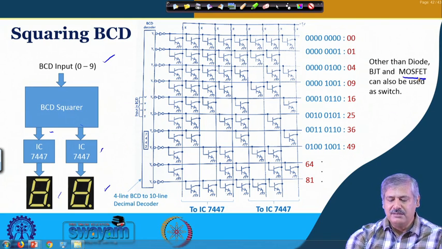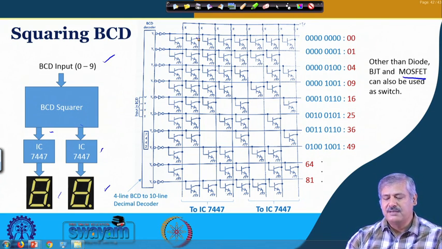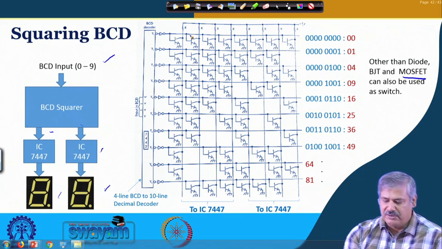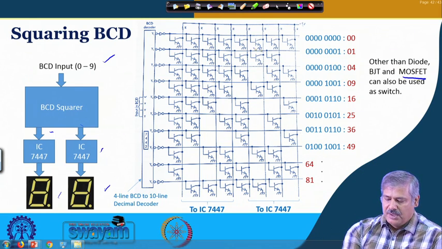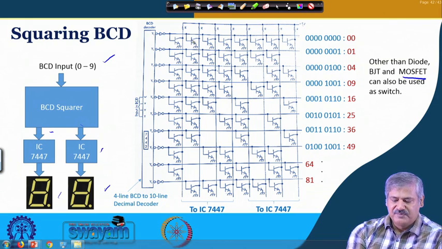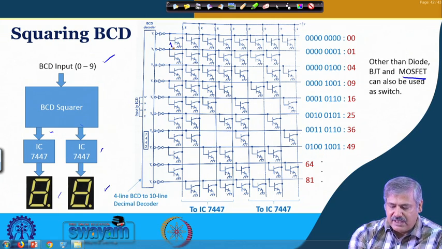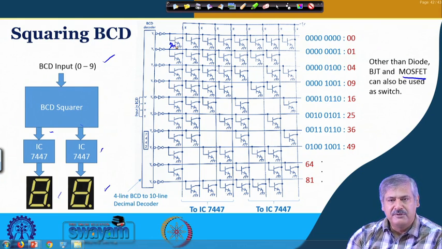Wherever it is connected like this, with a 5 volt supply, please understand the difference from what we had seen before. If this row is on, that is high, then this transistor will be put into saturation with a very low voltage, 0.1 or 0.2 volt. So the voltage here will be low, and whatever you are reading here will be low.